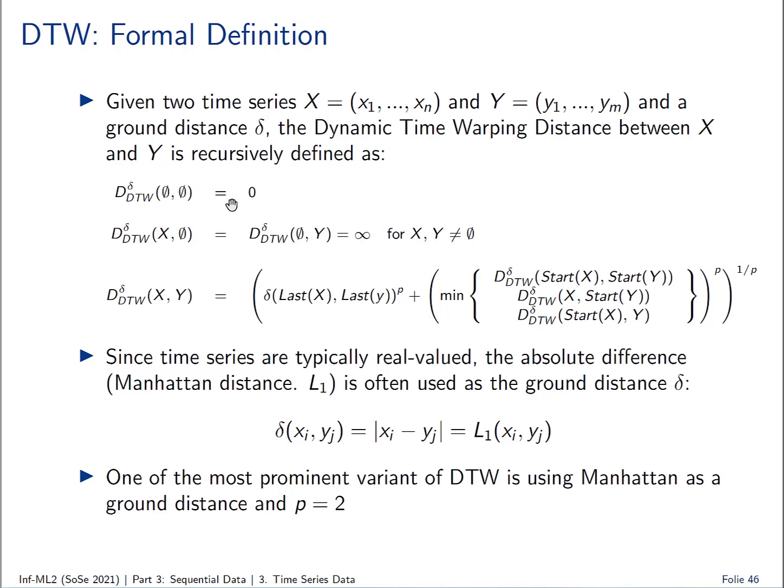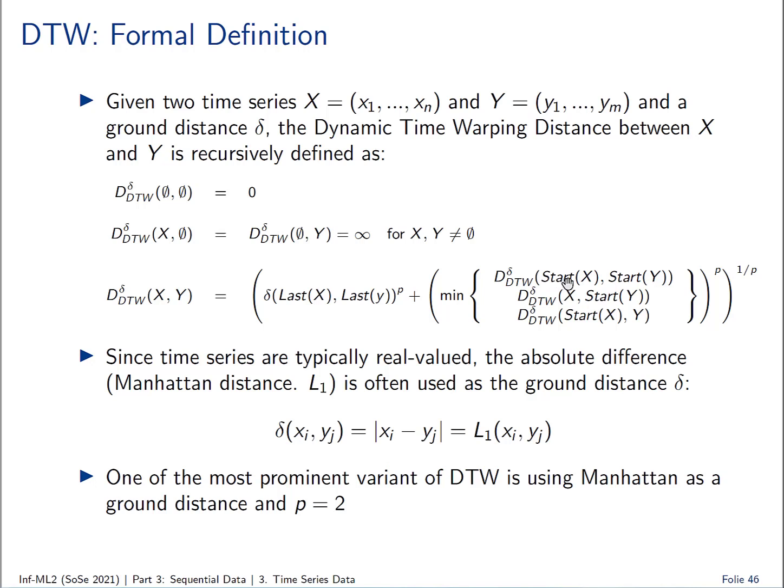So those are the base cases, and now the interesting recursive case is that you match the last elements of both time series, the last element of x and the last element of y, with your specific ground distance, and take that plus the minimum. And now it's interesting. Well, we have again three cases, like in the edit distance case.